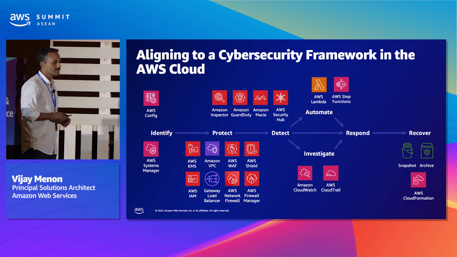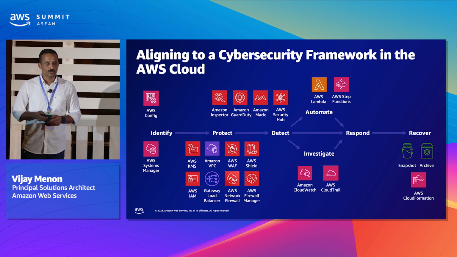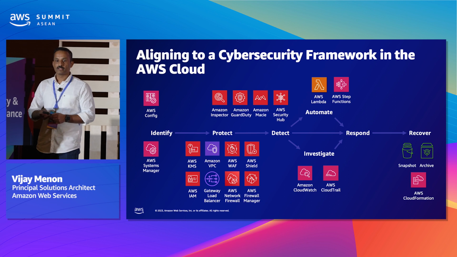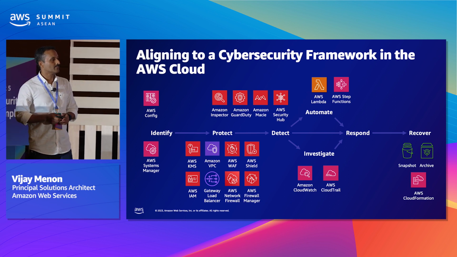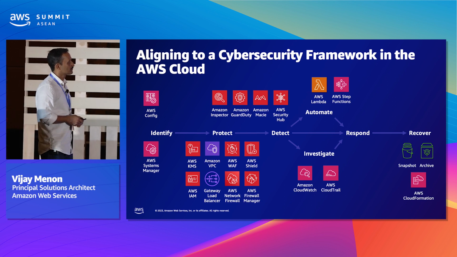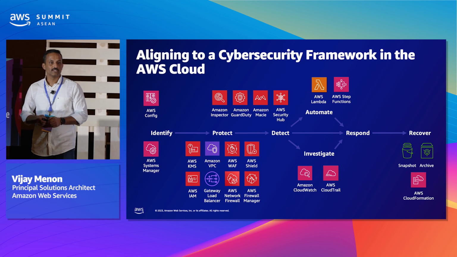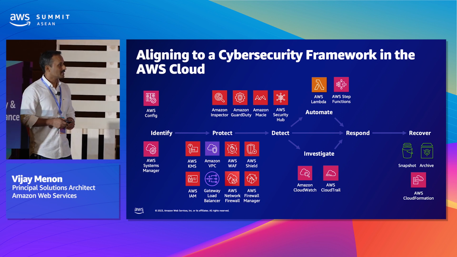For example, in identify, we have AWS Config and AWS Systems Manager. For the protect phase, we have AWS Web Application Firewall, AWS Network Firewall, AWS Shield, AWS Firewall Manager, etc. For detect, we have Amazon Inspector, Amazon GuardDuty, AWS Security Hub.